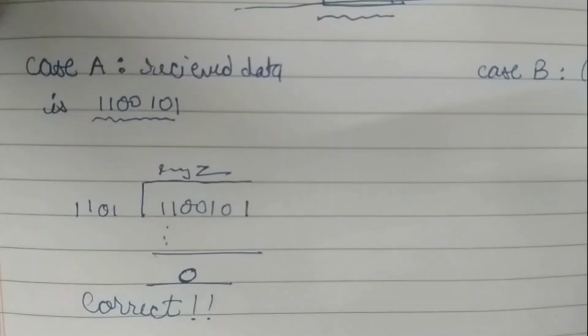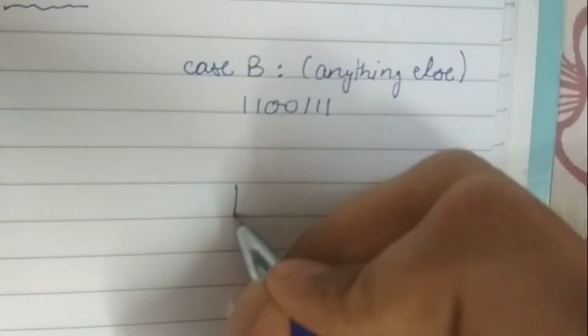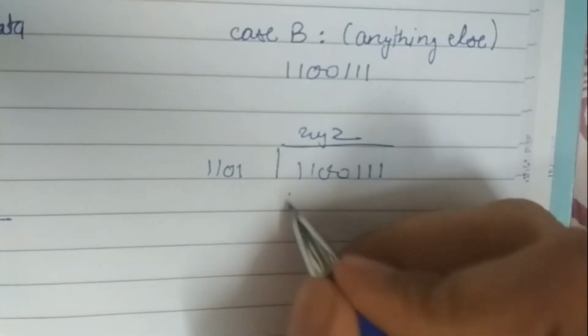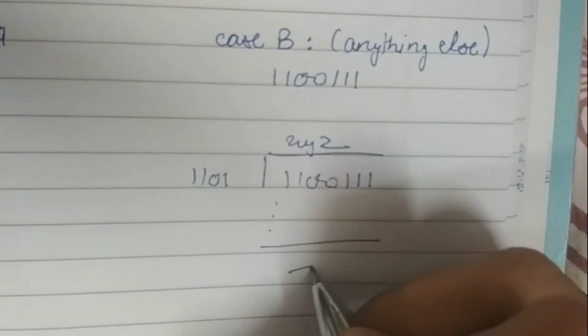Else in case B, if the receiver gets any other kind of data, let's say 10111, when this is divided, it will definitely give a non-zero remainder.